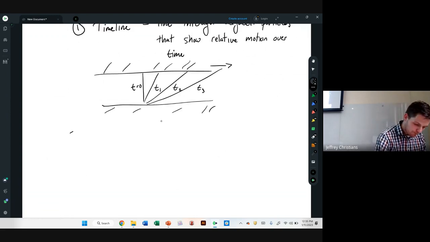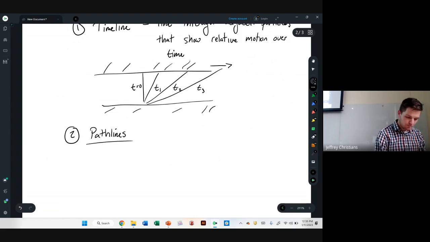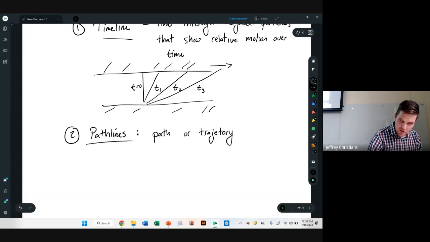Second one, are path lines. So a path line, this is the path or trajectory of an individual fluid particle.